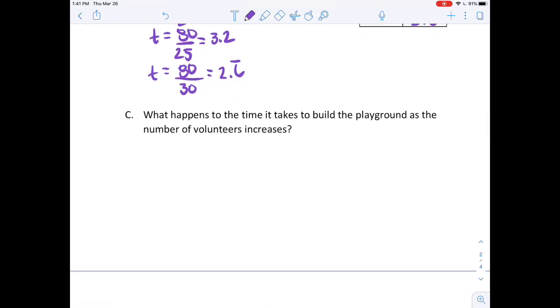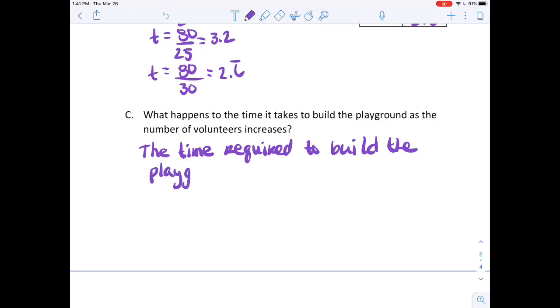We were told that in the problem statement, that the time required to build the playground decreases as the volunteers increases. All right, so inverse variation tells us that as one value goes up, the other one must go down. This concludes our lesson. Thanks for watching.